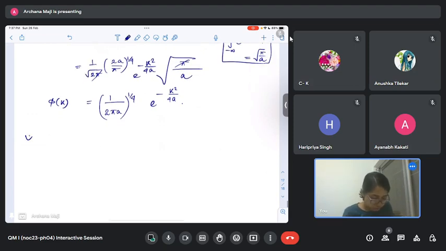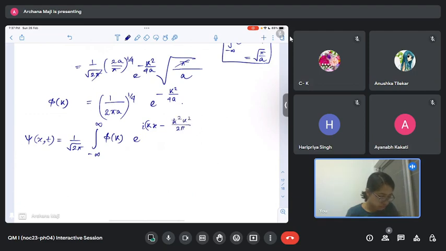Now we go back to psi x t. Psi x t is 1 over square root 2 pi integral from minus infinity to infinity of phi of k exponential i kx minus Et over h cross, where E is h cross square k square over 2m for a free particle, dk.